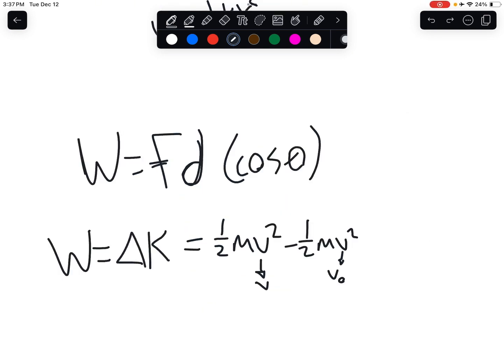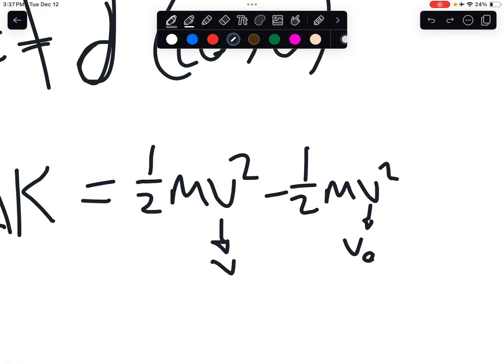So work, in addition to equaling force times displacement, also can be defined as the change in kinetic energy. This can be useful for problems where force or displacement are not given to you, but velocity is. So you can use this formula, right? 1/2 mv squared, where this v is your current velocity, minus 1/2 mv squared, where the second v is the initial velocity, indicated by v naught.